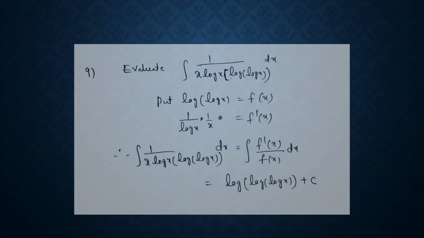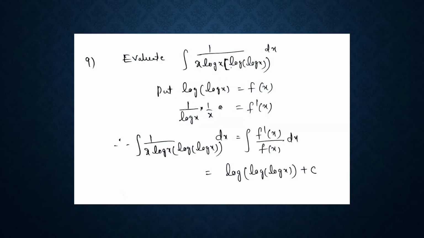Yes, coming to the next problem. Ninth one. Evaluate integral 1 by x into log of log x. So we have three functions here in the denominator: x, log x and log of log x.